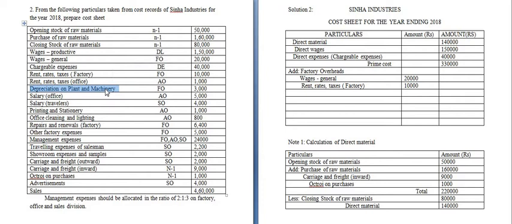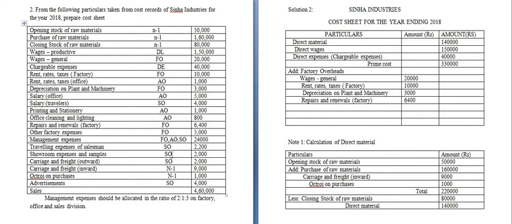Amount is 3,000. Next, go through the problem again. Here it is repairs and renewals. Repairs and renewals amount is 6,400.